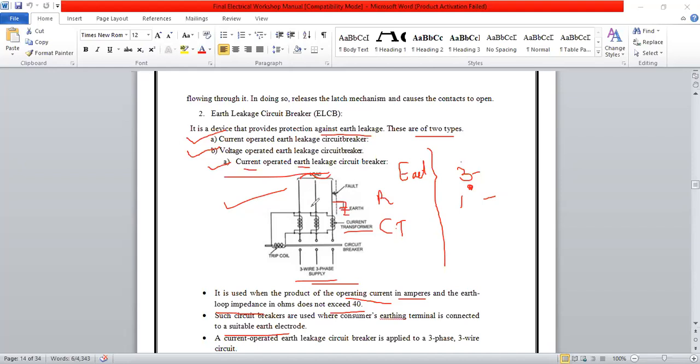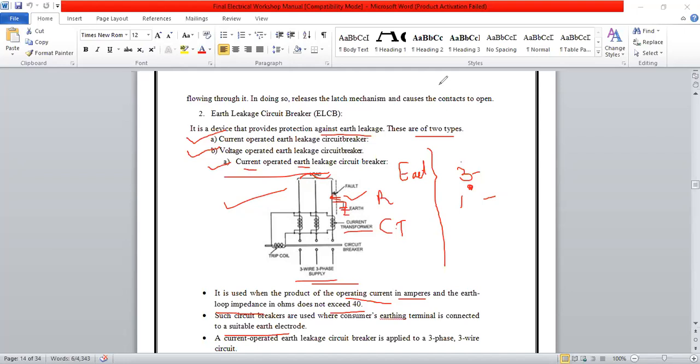Suppose this equipment has a fault, that is an earth fault, एखाद्या equipment चा earth fault झाला, the current will directly get earthed, or an earth fault will occur. At that situation, the earth leakage circuit breaker can be used to protect that equipment from that earth leakage fault.